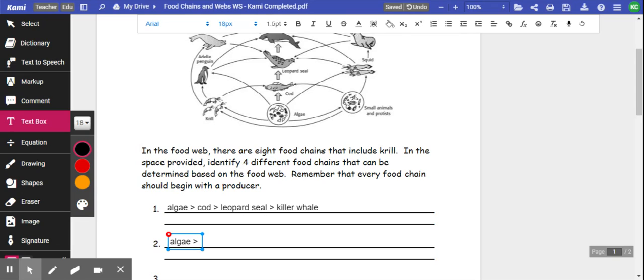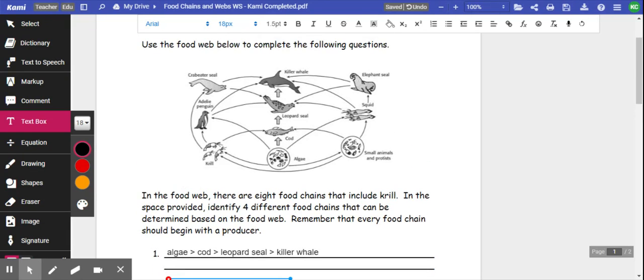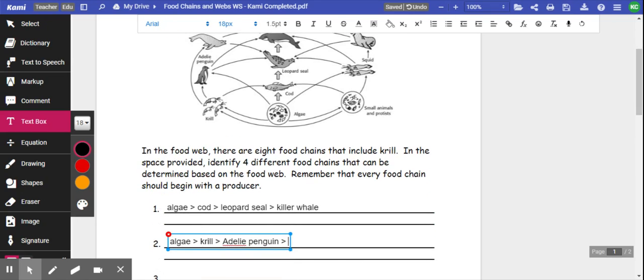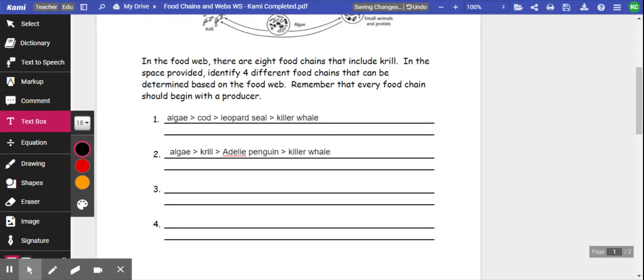Next, let's go this way. We have krill. Then we have the Adelaide penguin. Then we have the killer whale. There's 2 food chains from that food web.